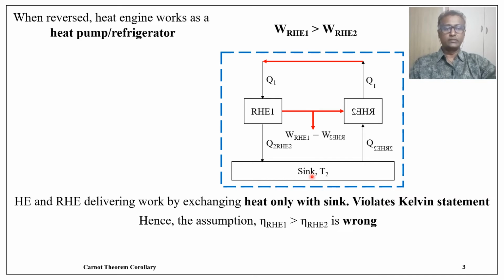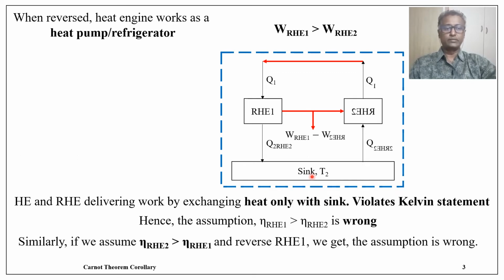Hence, the assumption that the efficiency of reversible engine 1 is greater than reversible engine 2 is wrong. Alternatively, if you reverse RHE1, assuming the efficiency of engine 2 is greater than the efficiency of engine 1, again we get the assumption is wrong.